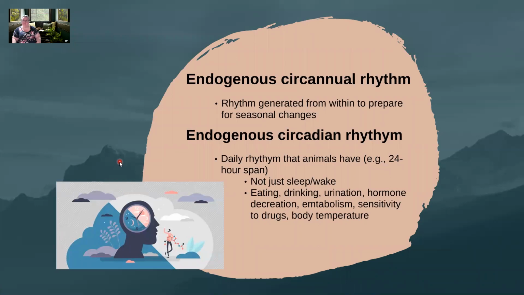So, as far as rhythms go, the text that we're reading from gives a couple of examples. The endogenous circannual rhythm. So, that's the rhythm that is generated from within to prepare for seasonal changes. So, if you think about other mammals, just think about the examples that come to mind. I know I think about birds.